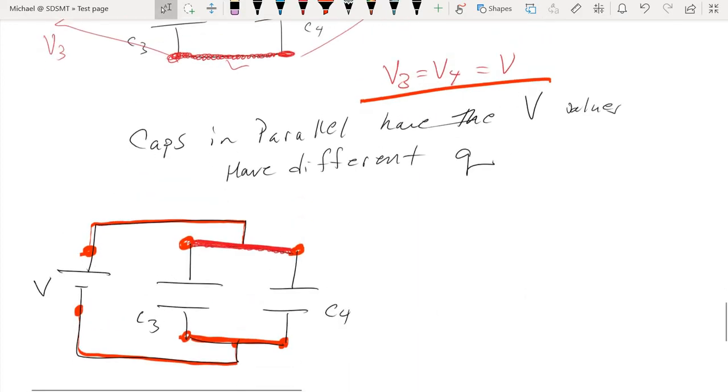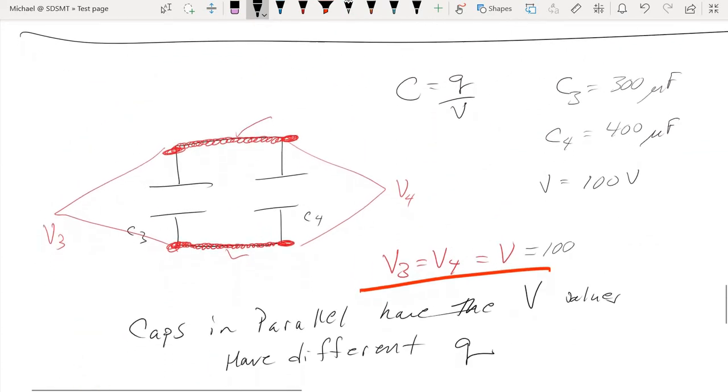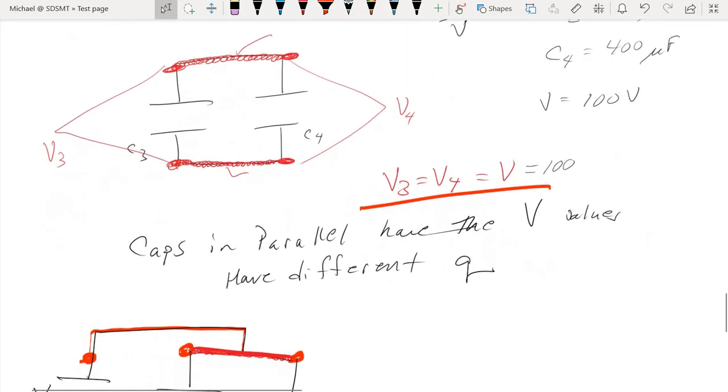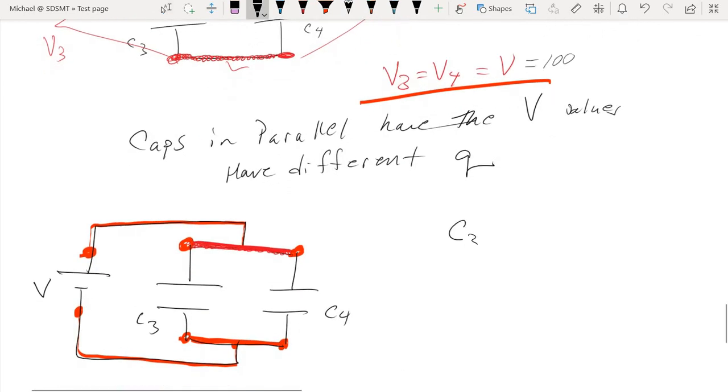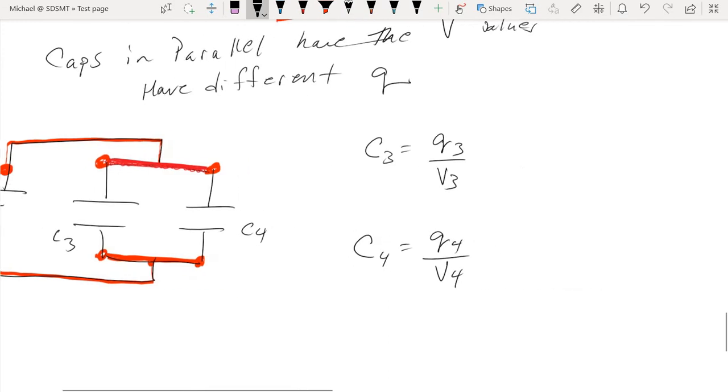All right, well, if I know that both of these capacitors have the same potential and that potential is equal to the battery, then both potentials are equal to 100. And since I already know what the individual capacitance values are, I can solve for the charge that will be deposited on each of these capacitors right away.